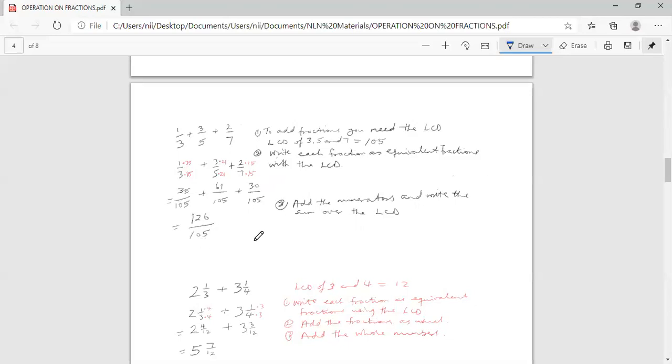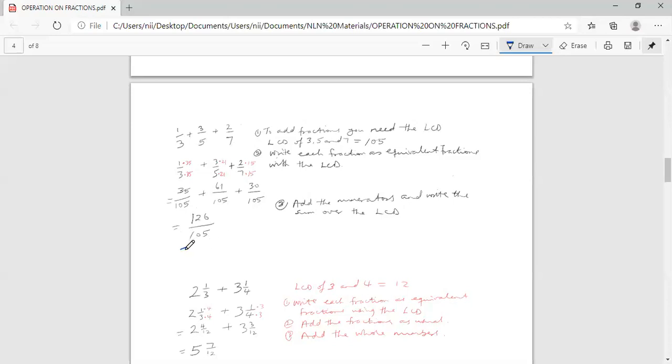Okay, right. So we can rewrite this as a mixed number. To write as a mixed number, it means I have to divide 105 into 126.